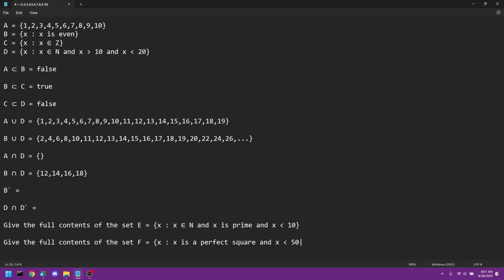Now we look at B's complement. B is even numbers. It's tempting to say that B's complement is all odd numbers. This is not what we're looking for.